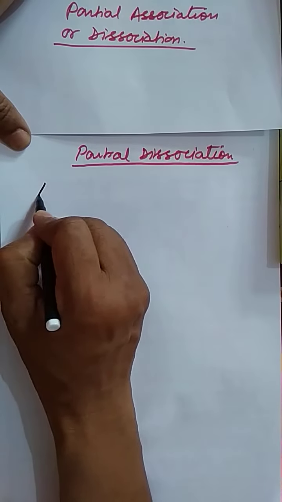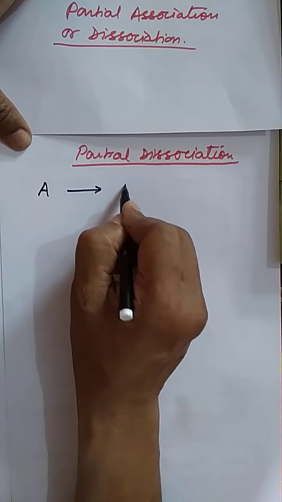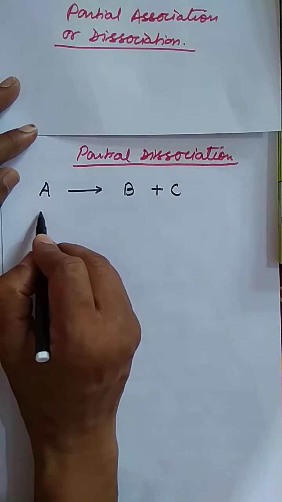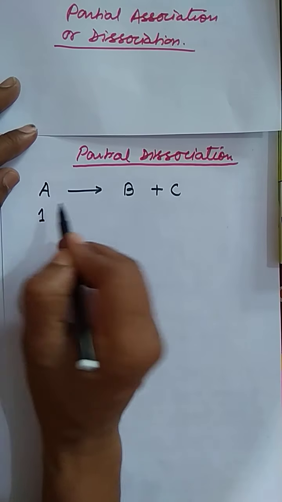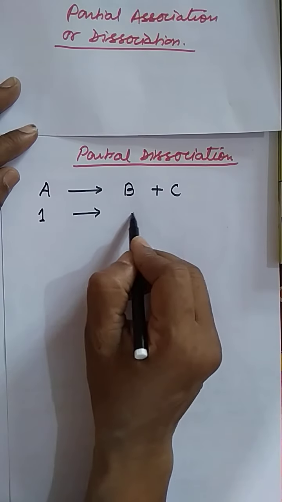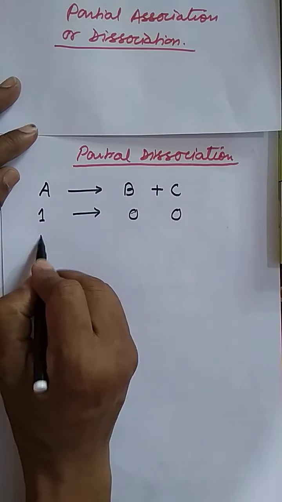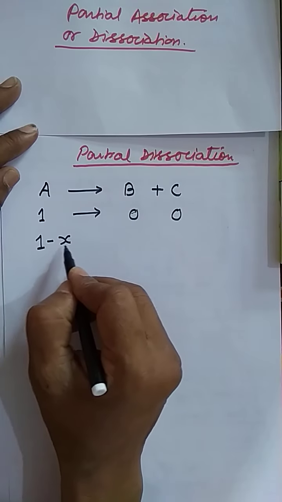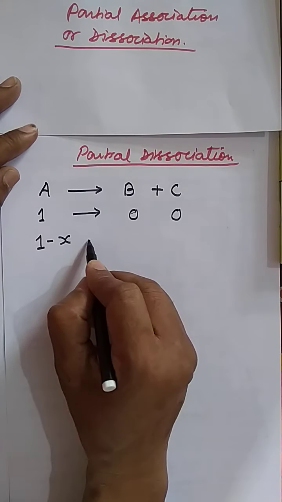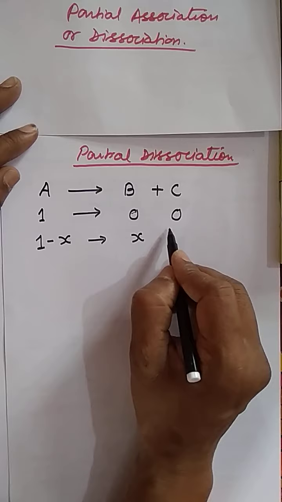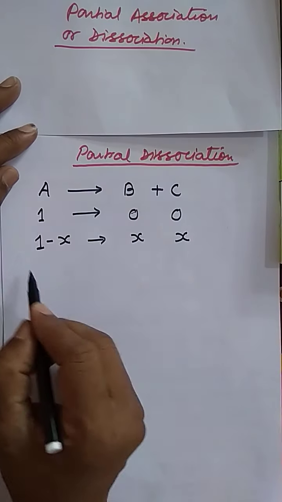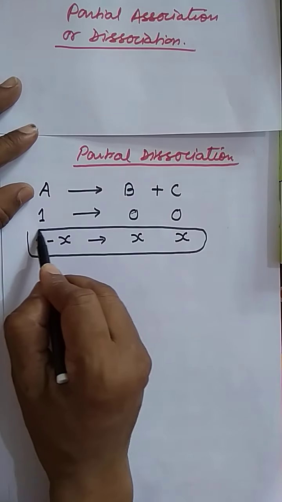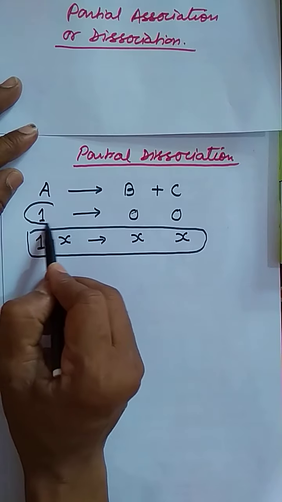As for example, A dissociates into B and C, right? At t equal to 0, this is 1 mole and this is 0 and 0. If x moles dissociate, it's a partial dissociation, not complete dissociation. So definitely B is equal to x and C is also x. Now these are the particles after dissociation, and before dissociation this is 1.